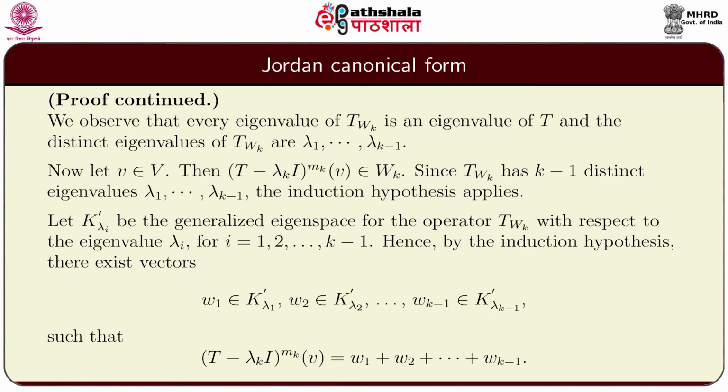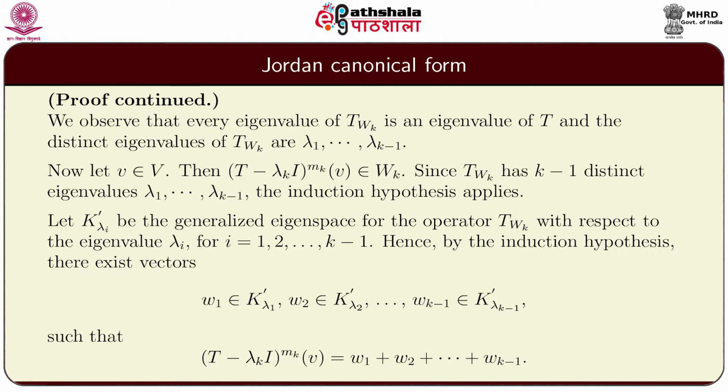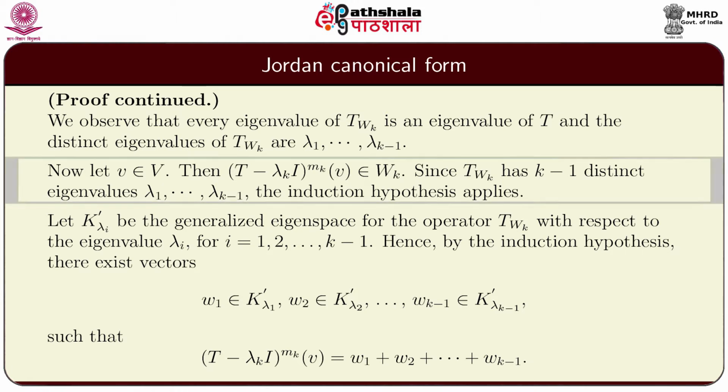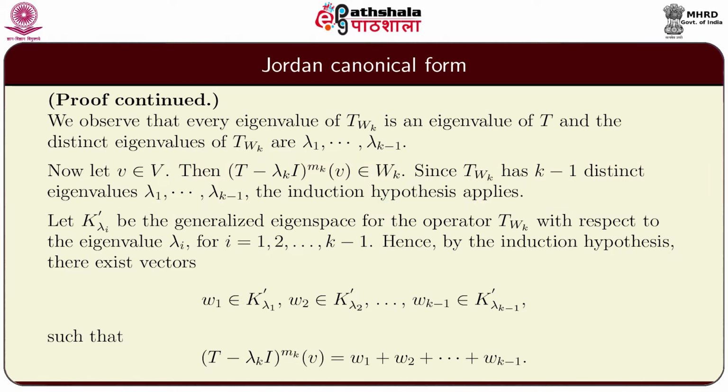We observe that every eigenvalue of T restricted to Wk is an eigenvalue of T, and the distinct eigenvalues of T restricted to Wk are precisely lambda 1, lambda 2 and so on up to lambda k minus 1. Now, let v belong to V, then (T minus lambda k I) raised to mk of v belongs to Wk, and since T restricted to Wk has k minus 1 distinct eigenvalues lambda 1, lambda 2 and so on lambda k minus 1, the induction hypothesis applies.